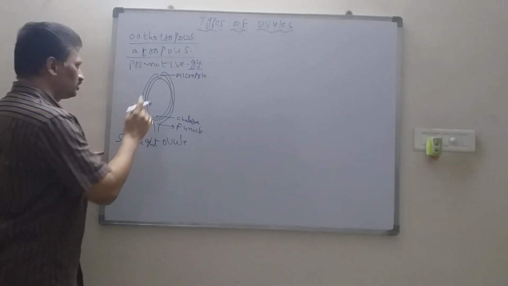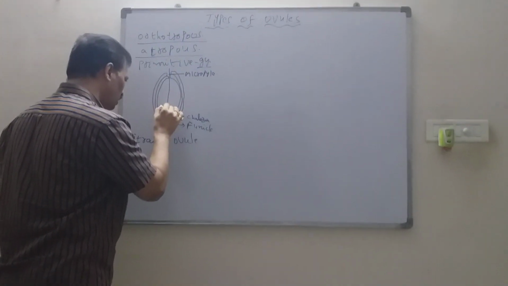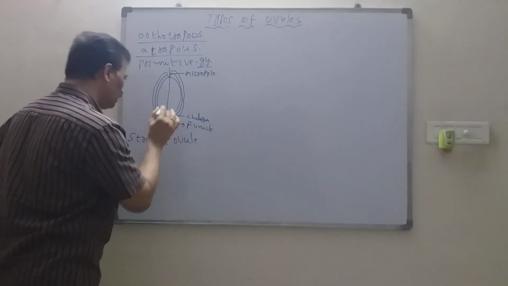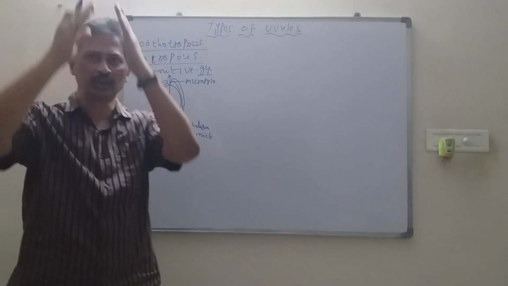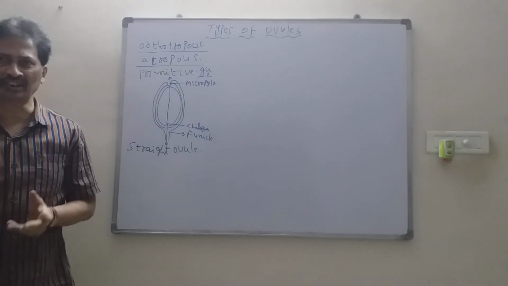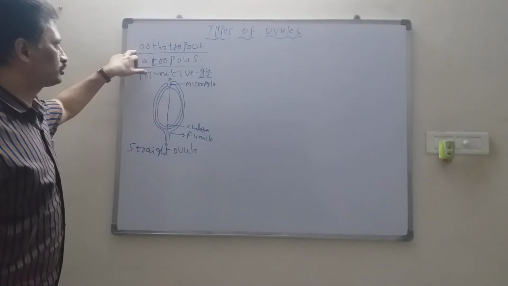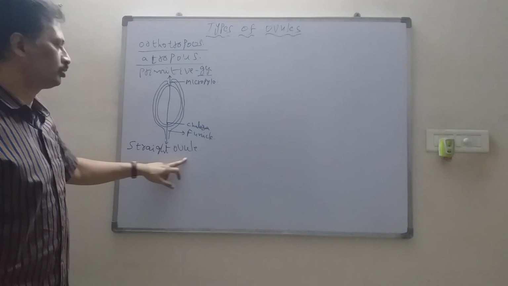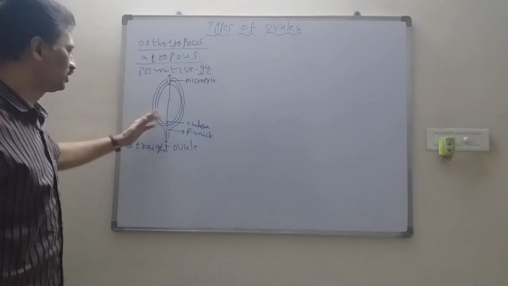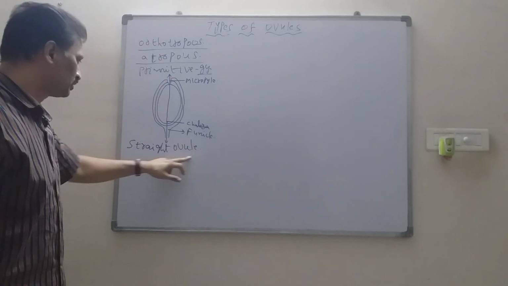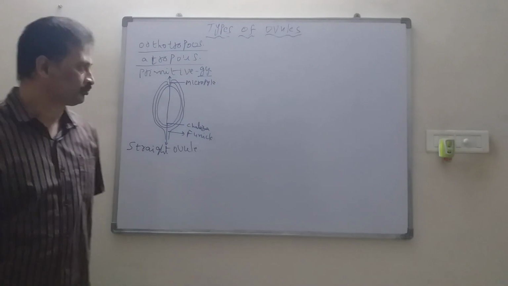If you observe this diagram, the micropyle, the chalaza, as well as the funicle are present in a straight line. That means all these three structures fall on the same line. So that is the reason why this orthotropous ovule is also called a straight ovule, right?